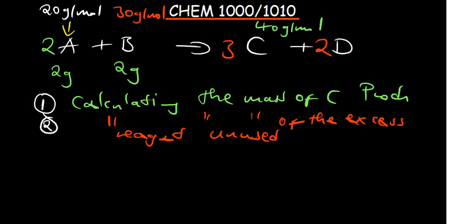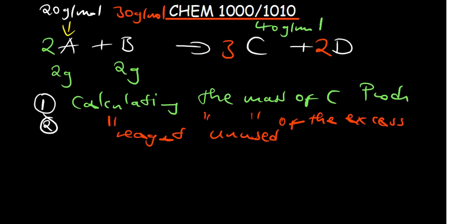To start with, whenever you are trying to predict how much of the products were produced, it's very important that you look at the limiting reagent, because the limiting reagent is the one that limits the amount of products that you have. Why? Because it finishes faster.